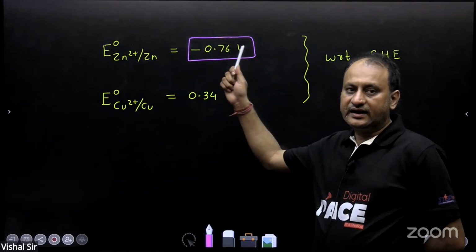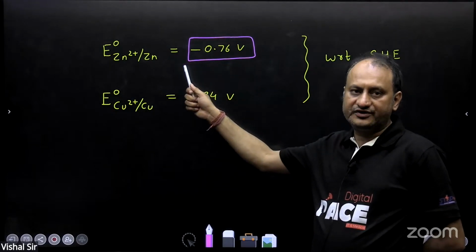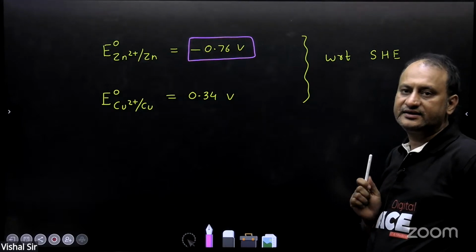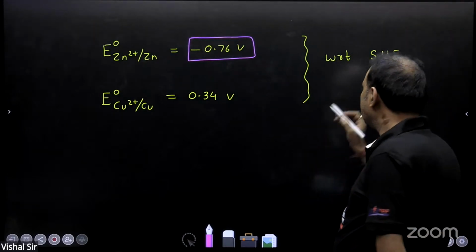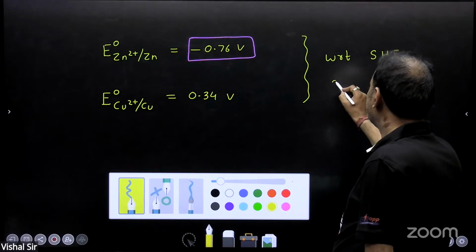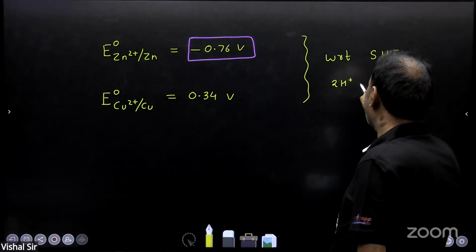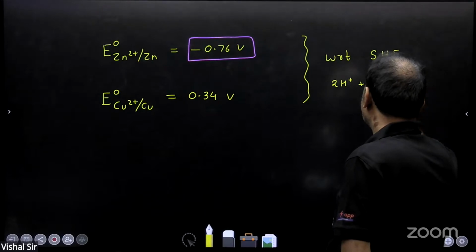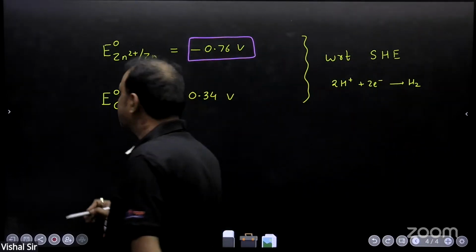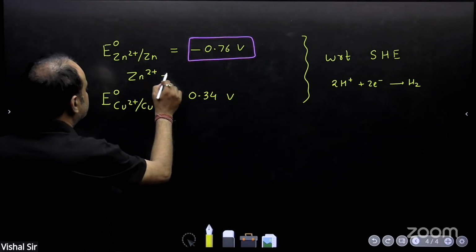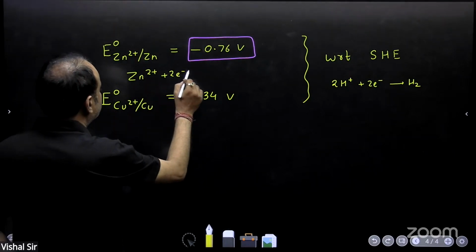Means the reduction tendency of zinc is lesser than reduction tendency of hydrogen. What is the reduction reaction for hydrogen? For hydrogen, I can write the reduction reaction like this. And what will be the reduction reaction for zinc? This.